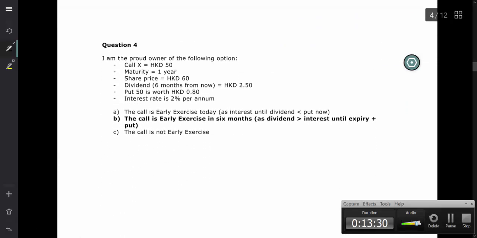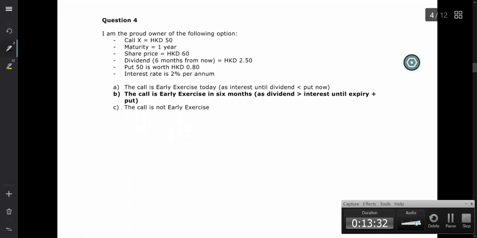Question number 4. Here we start discussing put-call parity, or I guess the violation of put-call parity, and early exercise of American options. I can say a couple of things here.